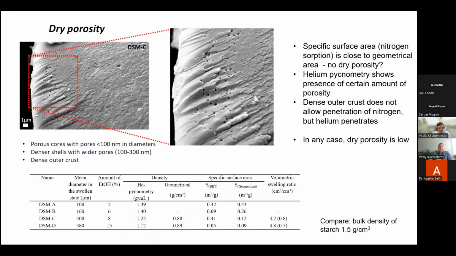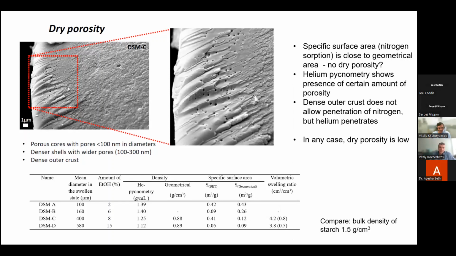And if we try to study it using nitrogen sorption, for example, the data for different types of these particles are shown here. In this column we show the surface area determined by the BET method, and then we also determined the surface assuming that the particles are perfectly spherical.